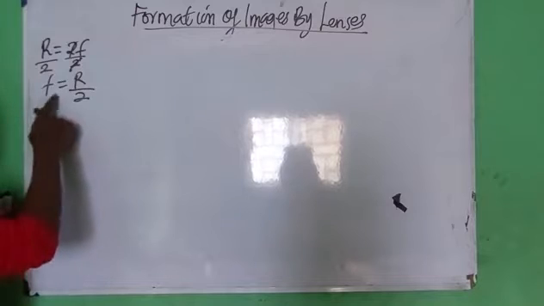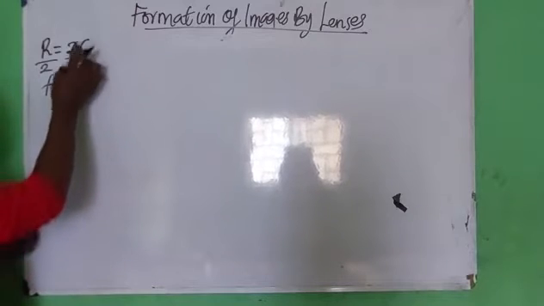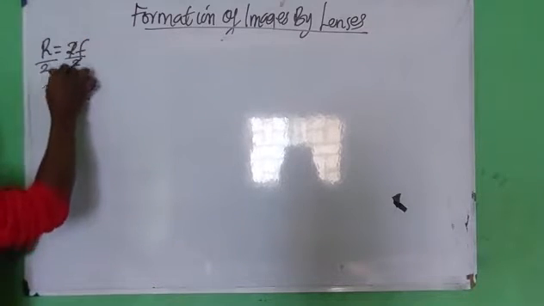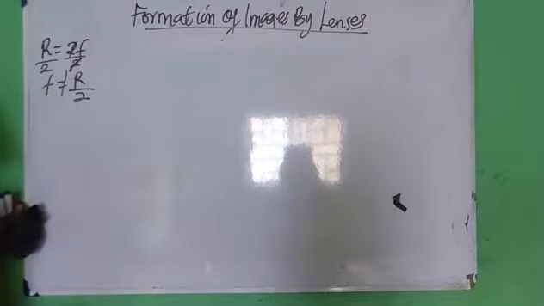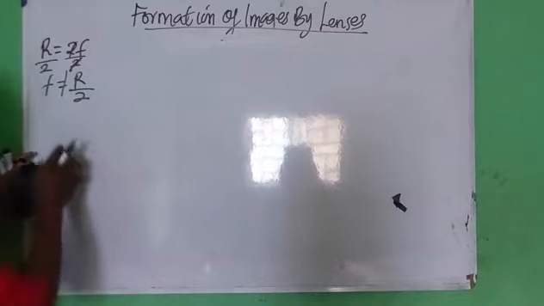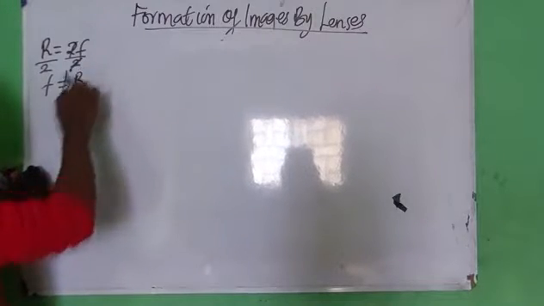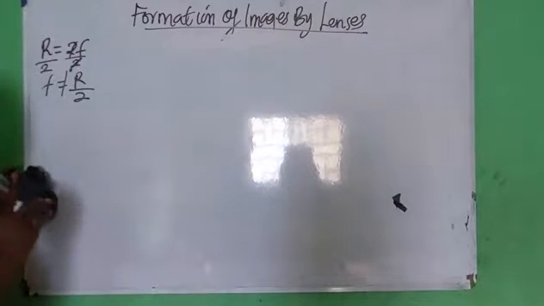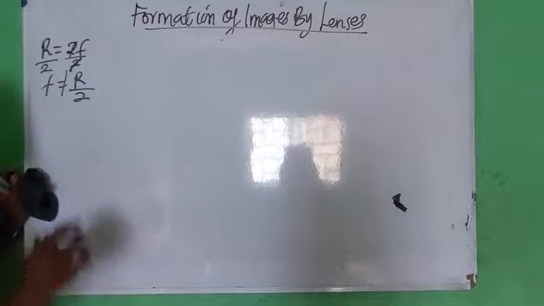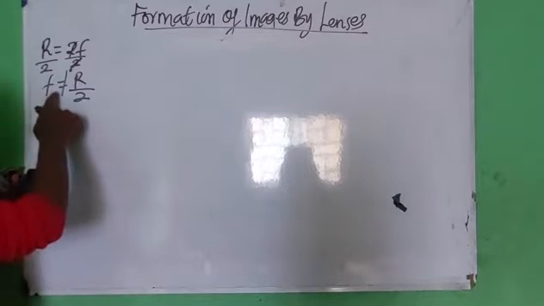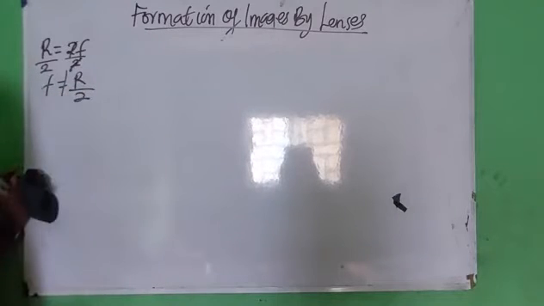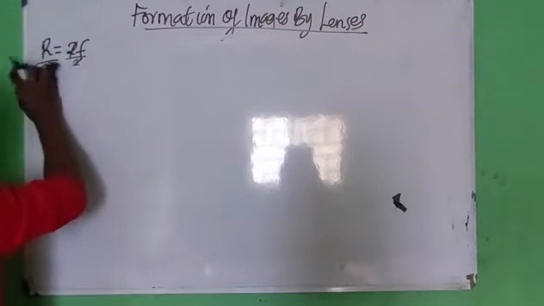In mirrors, f is equals R over 2, which is coined from this place. But in lenses, f is not equals R over 2. So which means that f is expressed alone, then R is expressed alone. They are expressed independently. But in mirrors, f is always equals R over 2.